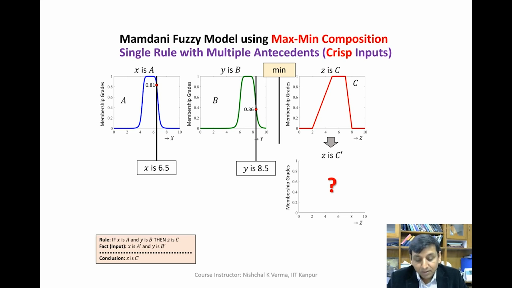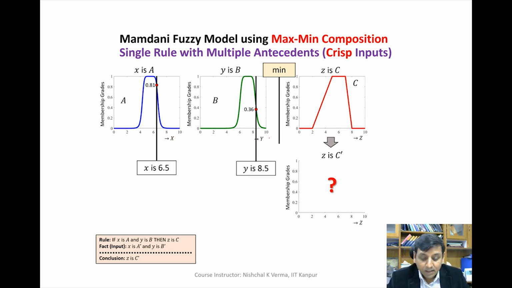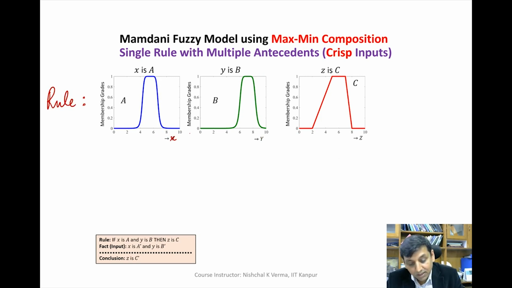Rather, we are always going to get a single intersection value. You see here, for x and y, there is a small x, a small y, and here also a small x, a small y, small z.